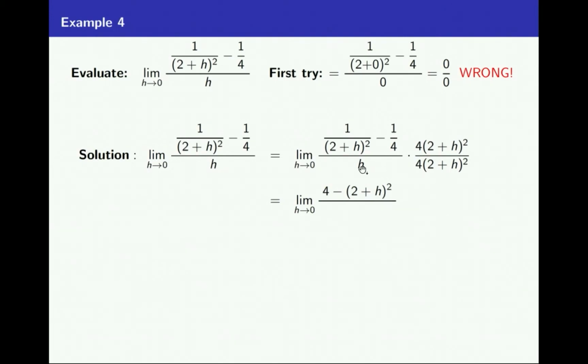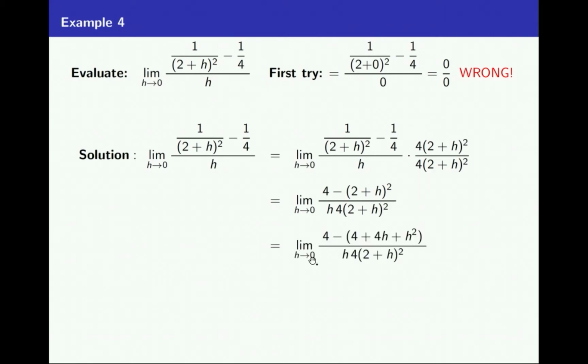Now on the bottom, we're just going to multiply these terms, h times 4 times 2 plus h squared. We're not going to FOIL anything out or multiply through on the bottom because we want to leave that h factored. We're hoping to cancel it. Now, does it cancel with something on the top? Well, let's see.